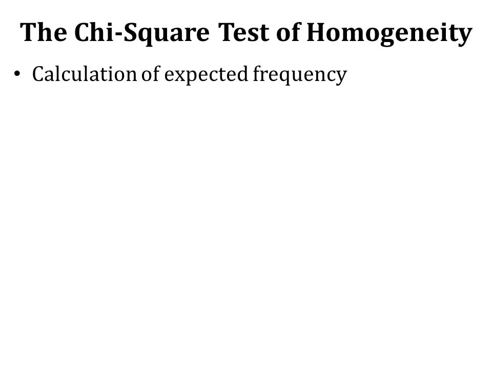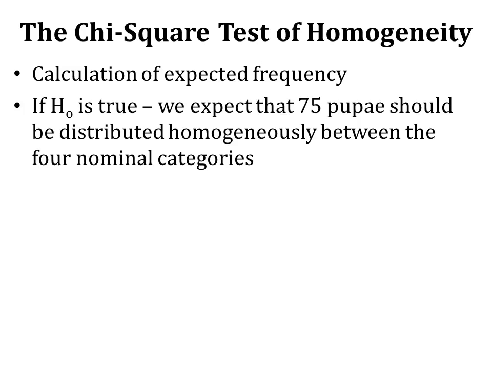What is the next step after we have stated our null and alternate hypotheses? The next step is calculation of expected frequency on the basis of the null hypothesis. Our null hypothesis was that the frequency distribution in all of these classes is homogeneous. If it is true, we expect the 75 pupae to be distributed homogeneously between the 4 nominal categories.